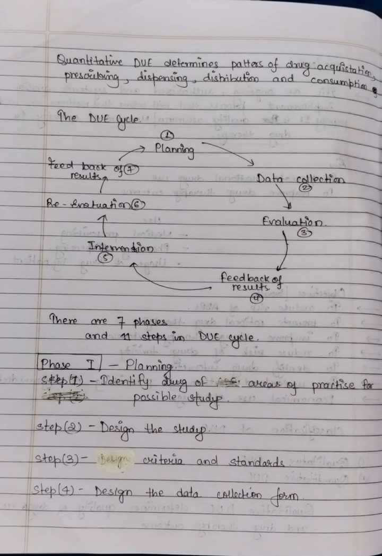First phase is planning. In the first phase, first step is to identify drug or areas of practice for possible studies. Second step is design the study. Third step is design criteria and standards. Fourth is design the data collection form.